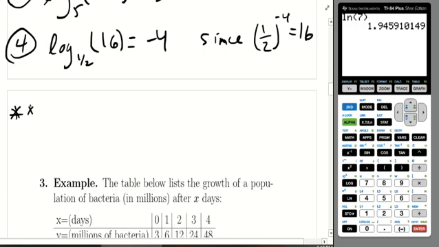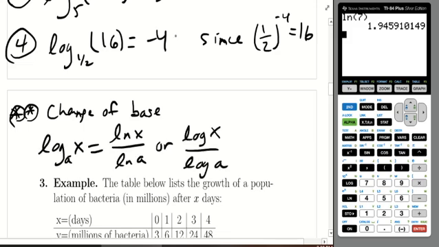In practice, if you do log base a of x, then you can rewrite that as ln of x divided by ln of a, or log of x over log of a.